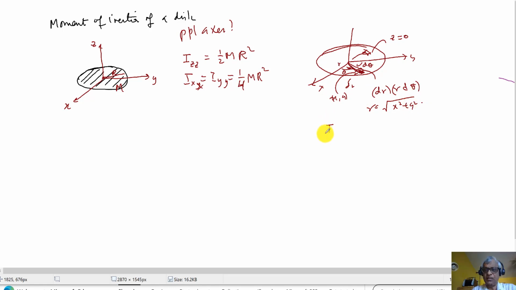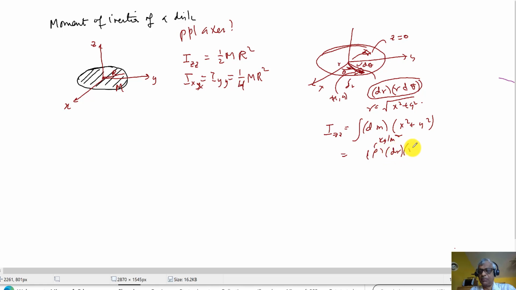So I_zz is going to be dm times x squared plus y squared. And dm is how much mass is in that area element, and the density is in kilograms per meter squared now. So ρ times dr times r d theta, and then this whole thing is just r squared.